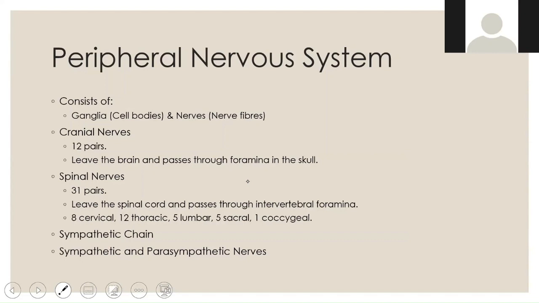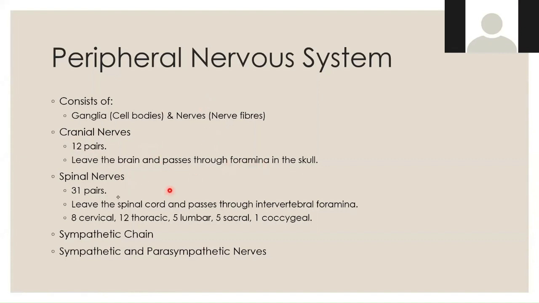Now, if you look at the peripheral nervous system, it again consists of cell bodies and nerve fibers. The cell bodies are found together as ganglia, and the nerve fibers, you have the axons as nerves. From the brain and the brainstem, you have cranial nerves. You have 12 pairs which leave the brain and pass through different holes in the skull, which are called foramina.